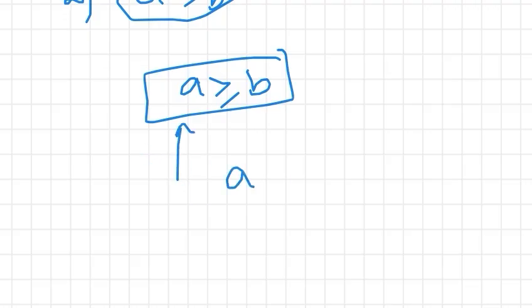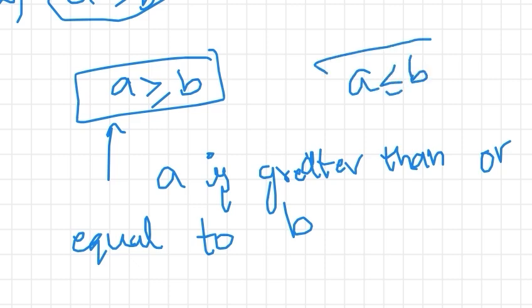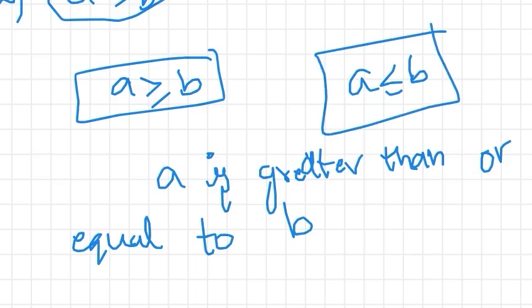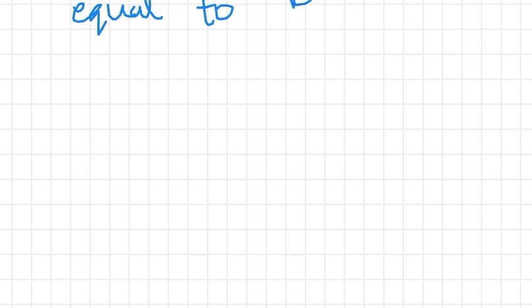A is greater than or equal to B. And if I write like this, it is pronounced as less than or equal to B.